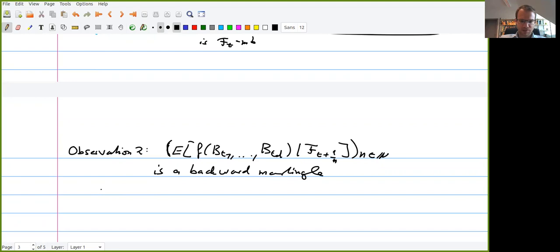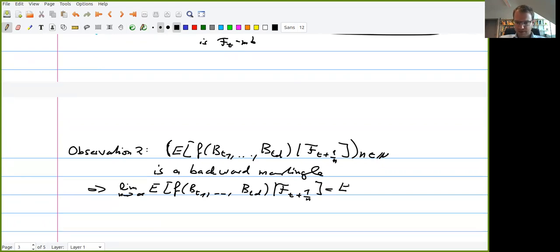The main point is that if I look at the limit as n goes to infinity of this object, I can show, and this is for example part of the Wahrscheinlichkeit C2.1 course, that this goes to exactly the object I wanted: the conditional expectation of f applied to the Brownian motion at F_{t+}.